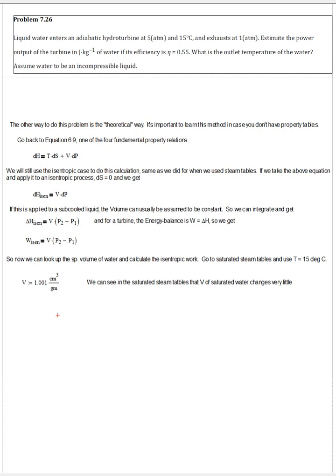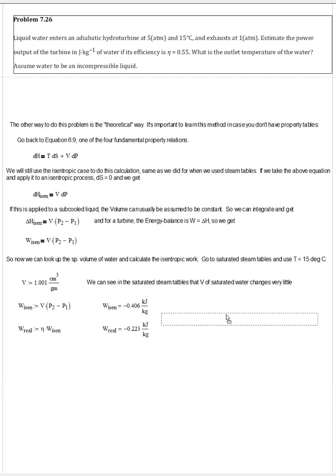So we plug this in and we solve for the isentropic work, and we get minus 0.406 kilojoules per kilogram. We then take our efficiency that was given to us and multiply by the isentropic work, and we get a real work produced of 0.223 kilojoules per kilogram.